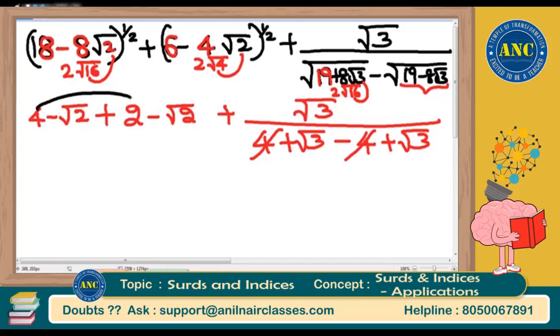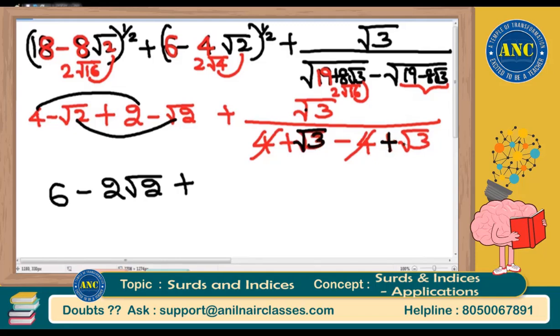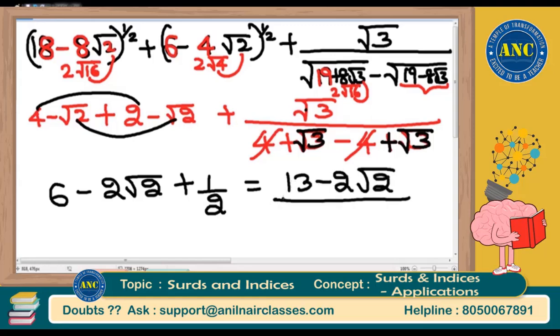So 4 plus 2 is 6, minus root 2 is minus 2 root 2, and you are left again with root 3 divided by root 3 plus root 3, which is 2 root 3. Root 3 by 2 root 3 is, sorry, 1 by 2. So final answer is, if I take LCM, (13 minus 2 root 2) whole thing divided by 2.